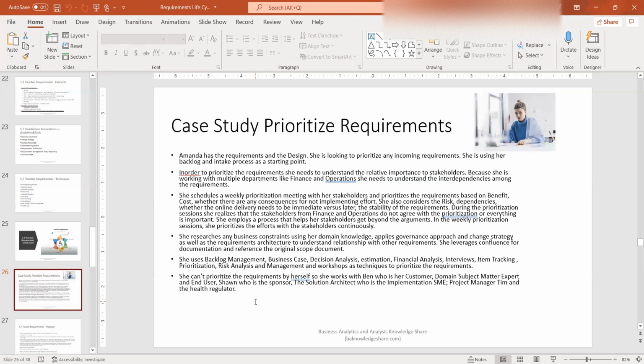She uses a number of techniques, as mentioned earlier, to prioritize these requirements, and they're listed here. She can't prioritize requirements by herself, so she works with Ben, who is her customer, domain subject matter expert, and end user. She works with Sean, who is a sponsor, the solution architect, who is the implementation SME, the project manager, Tim, and the health regulator.